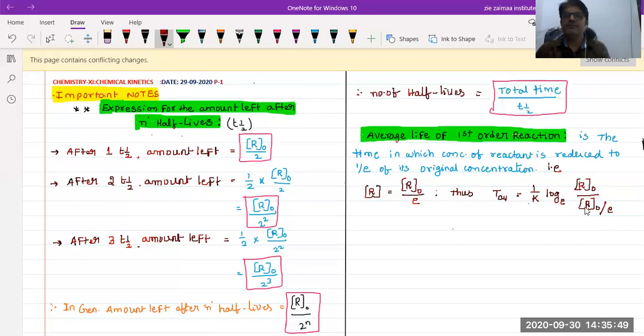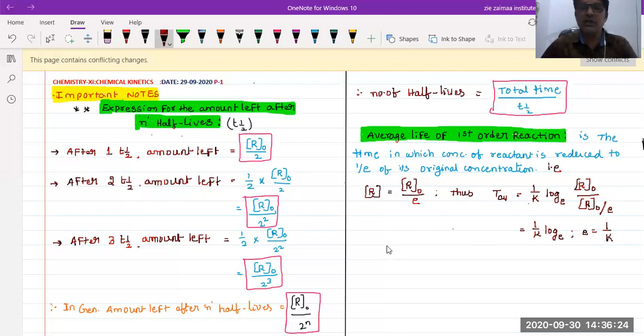Based on this, 1 by K, the log can be pulled out: 1 by K log e, where e is the exponential factor. Taking base 10, we know log 10 equals 1, so the average life is 1 by K, isn't it?